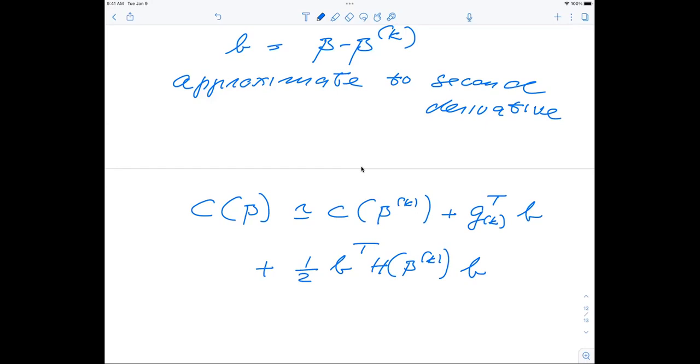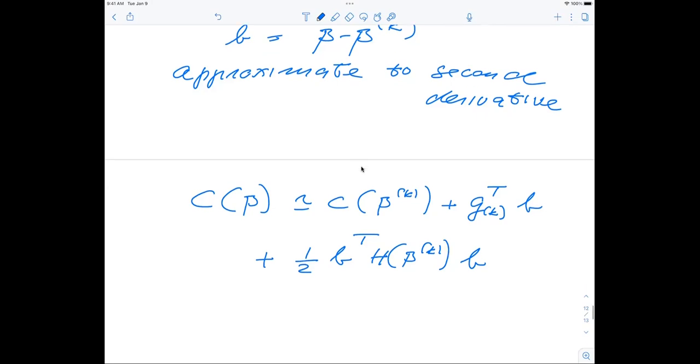And then we calculate the derivative of this quantity with respect to this vector b. So taking the derivative with respect to beta is the same as taking the derivative with respect to that vector b. And we want that one to be 0. And when we do that, we know that this term which you have here is just a constant.